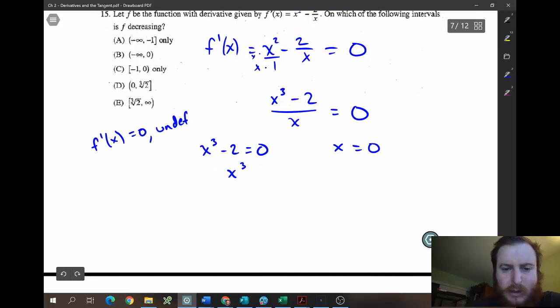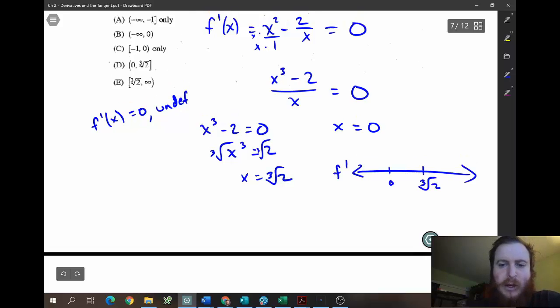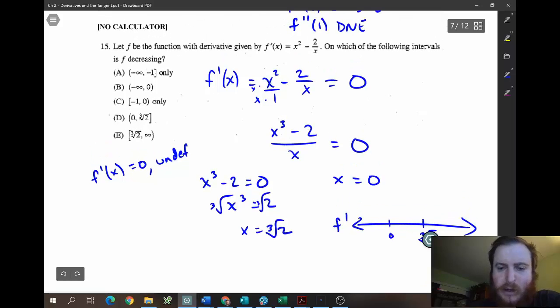So here we get x cubed equals 2, cube root both sides, and we get x equals the cube root of 2, and then we have x equals 0. So those are our critical points. Now we're going to make a number line, right? 0 and the cube root of 2. So I'll plug in something negative, say -1. -1 squared is 1. Minus 2 over -1, that turns positive, so this is definitely positive.